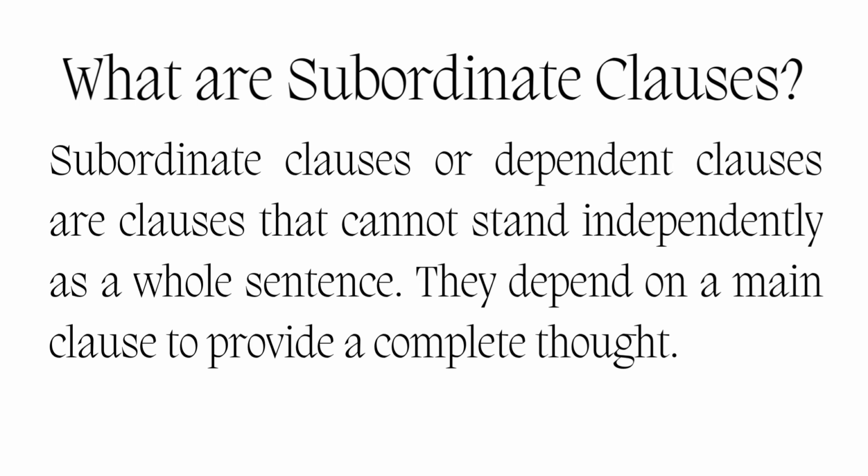A subordinate clause is like a child that depends on his or her parents to provide for him or her. That's the way dependent clauses are, right? They cannot stand alone. They depend on the main clause for their meaning. You will get to understand what that means by the time you see the examples. Just keep watching.